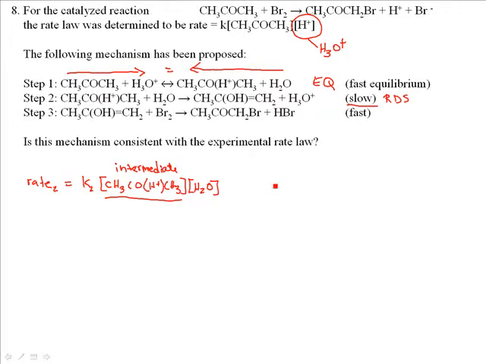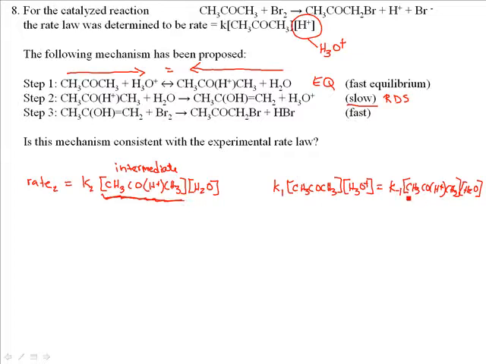Alright, so K1 times the concentration of CH3COCH3 times the concentration of H3O plus is equal to the rate of the reverse reaction times the concentration of CH3COH plus CH3 times H2O. And I want an expression that tells me what that is.